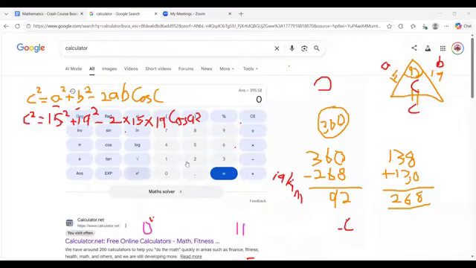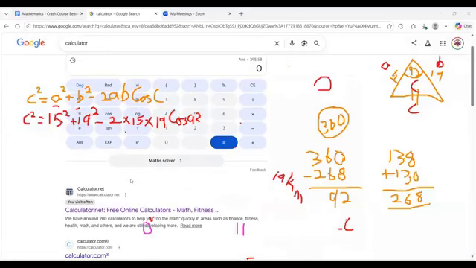Whenever you have a question and you have to enter cos and sine or tan, you have to make sure the calculator is on degrees. This one's on degrees because you see it in blue. On your scientific calculator, at the top, you must see DEG. If you see DEG, it's on degrees.